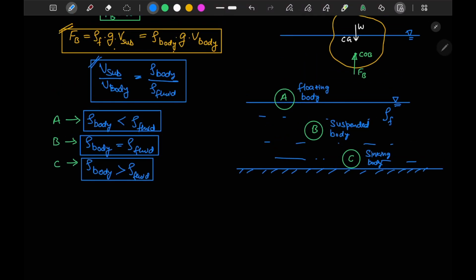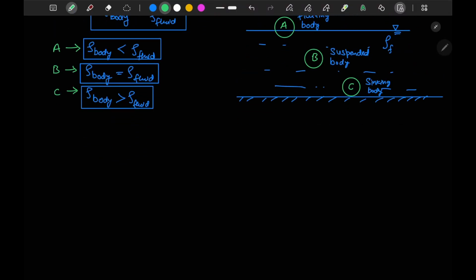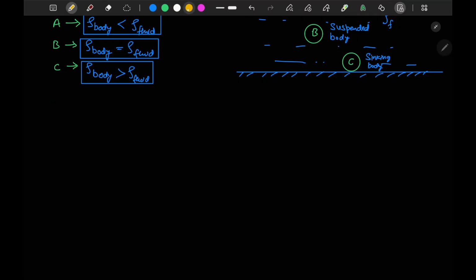Based on these conditions, we generally consider air balloons. Let me mention a point here: the density of an ideal gas is proportional to its molecular weight.